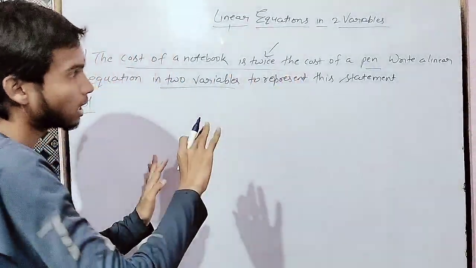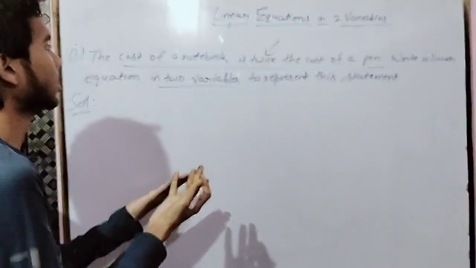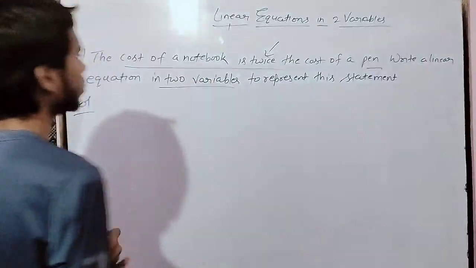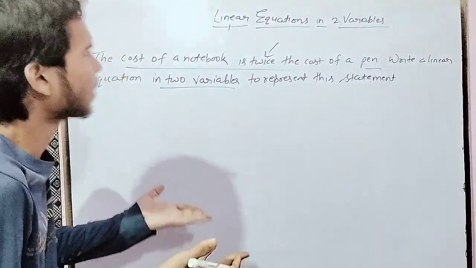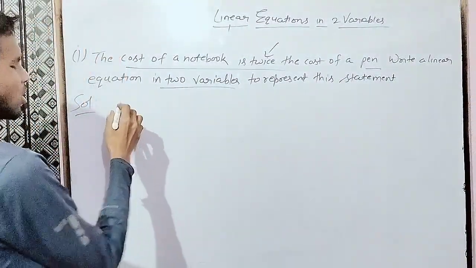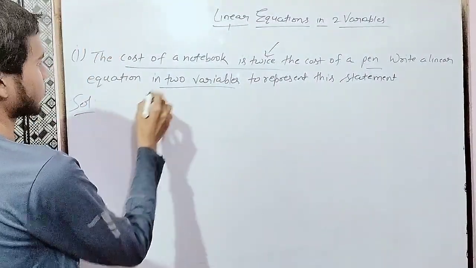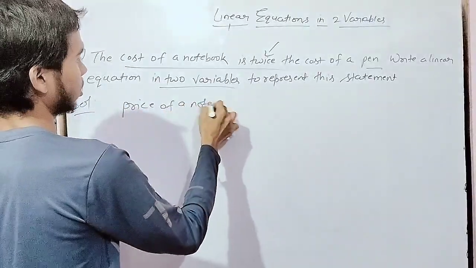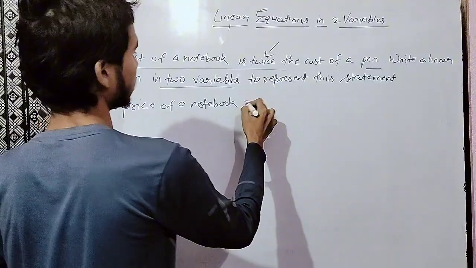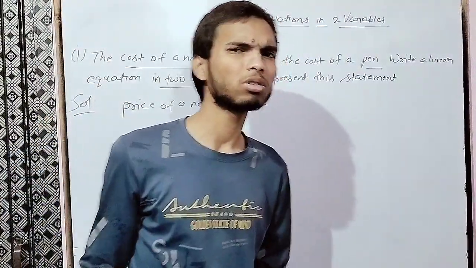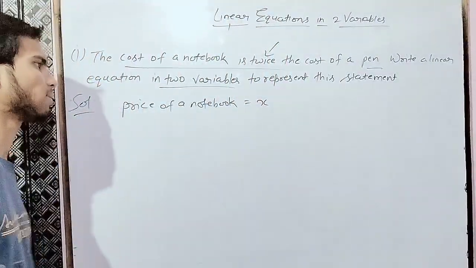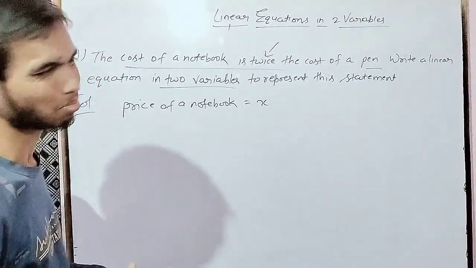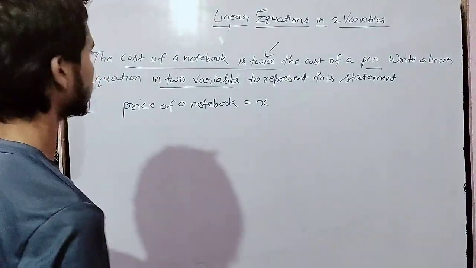We are going to convert this statement into a linear equation in two variables. So we don't have the price of a notebook. Price of a notebook is how much? We don't know, that's why a variable is used when we don't know the price of something, a number.